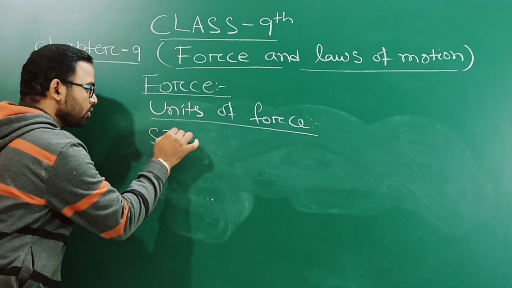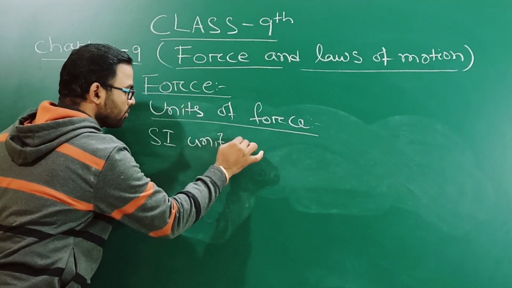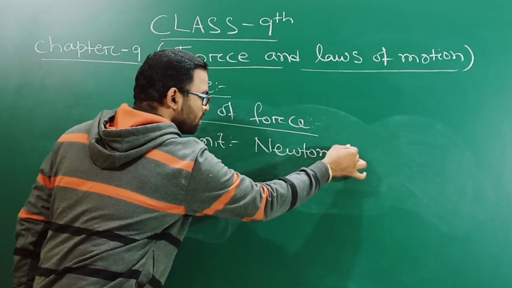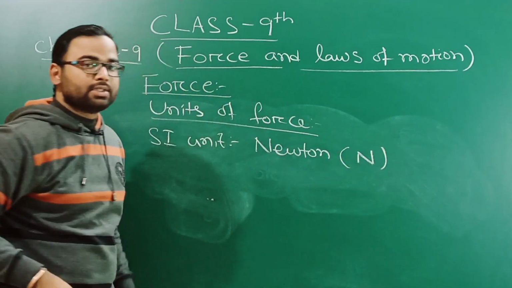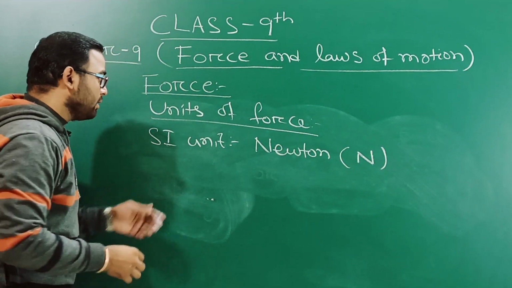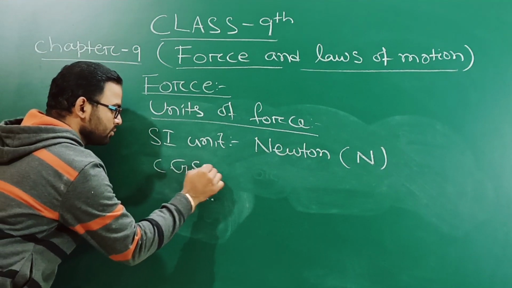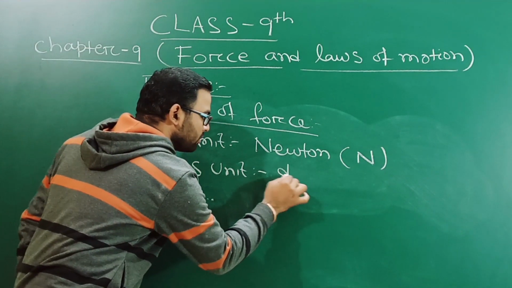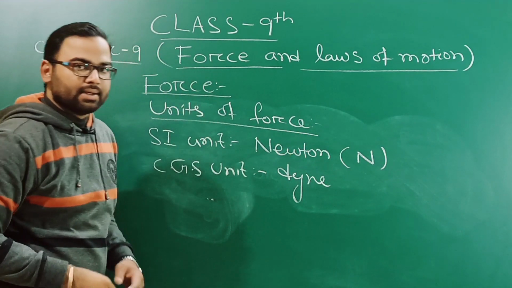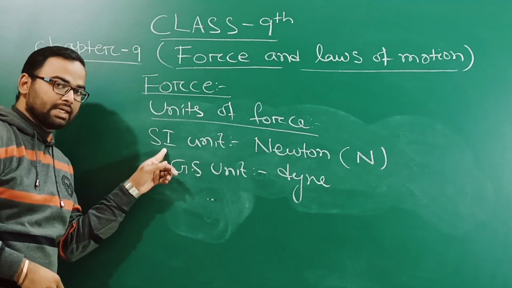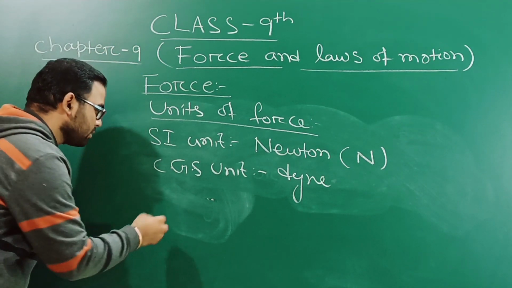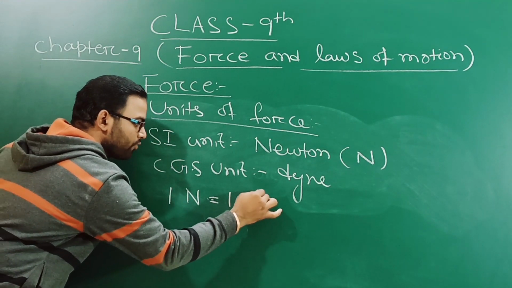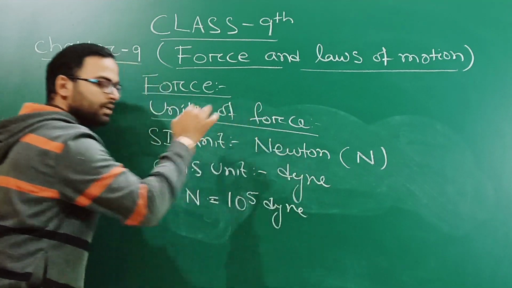So the SI unit of force is Newton, or we can write this as capital N. And the CGS unit of force we can write as dyne, and there is a relation between the SI unit and the CGS unit, that 1 Newton is equal to 10 to the power 5 dyne.